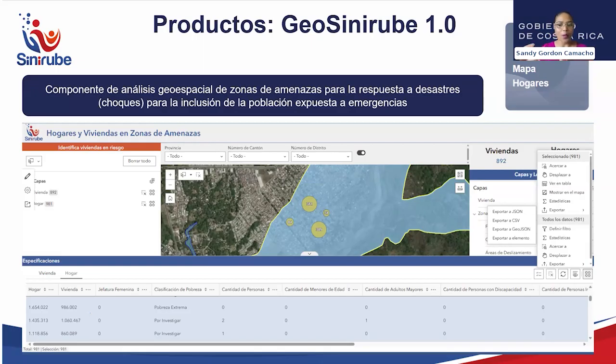Here we can see households, housing, we can generate statistics, we can incorporate the disability elements, if the head of household is female or not, how many people are part of that household, how many people are economically active, their level of income, their occupation, if it's an informal or formal occupation. So we can see all these statistics within this platform soon, and we have incorporated quite a lot of information too.